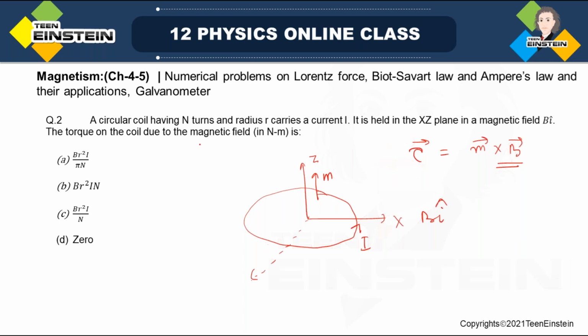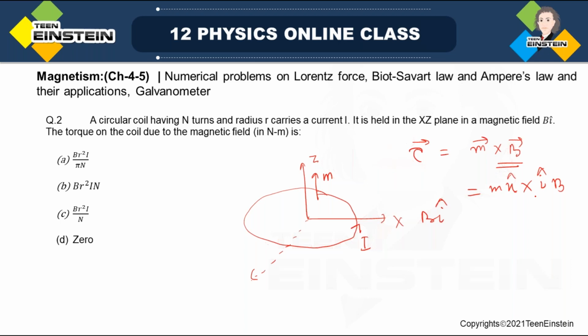And since the torque on the coil is due to the magnetic field, look here, this M is along the z axis, M k cap, cross B, which is along the x, i direction.